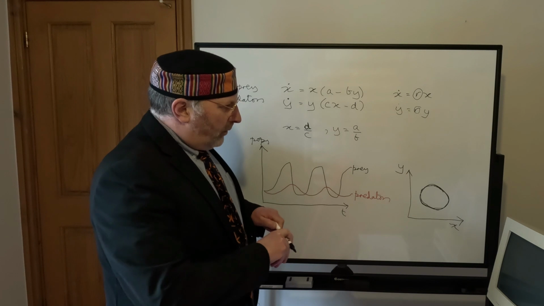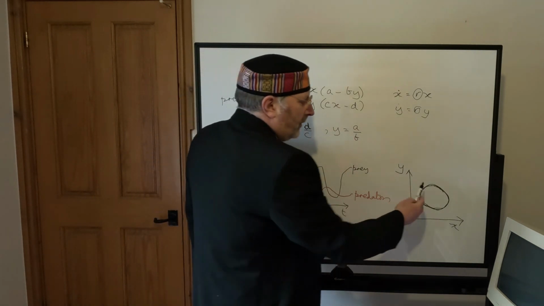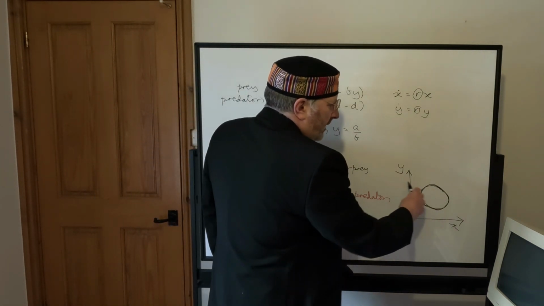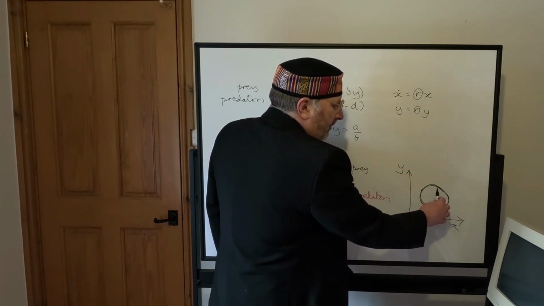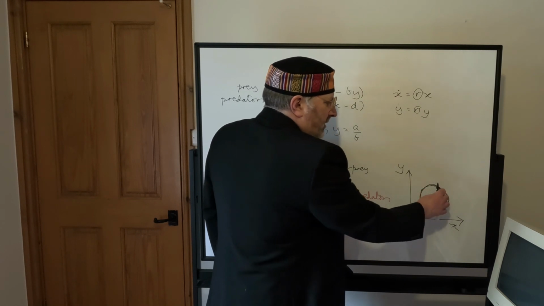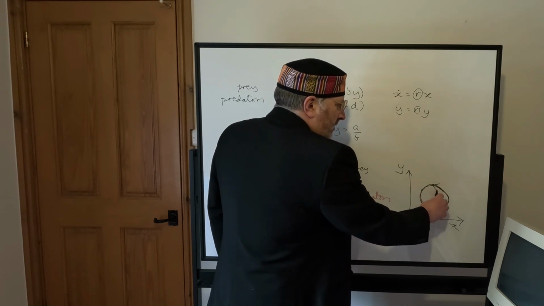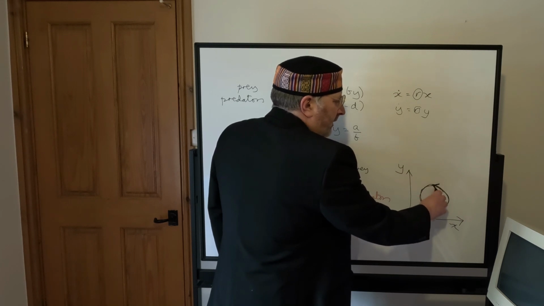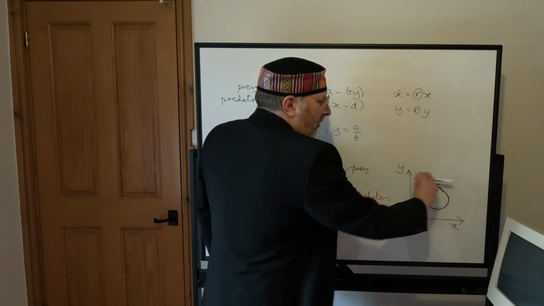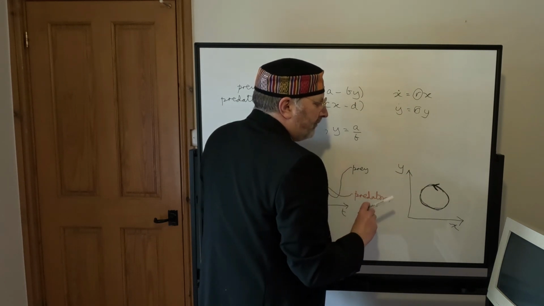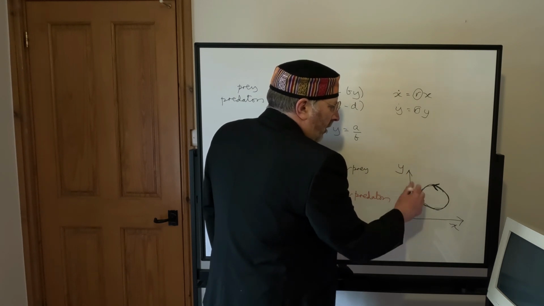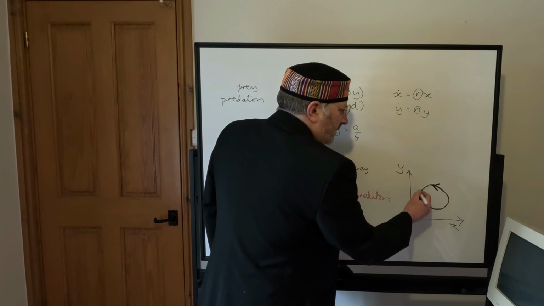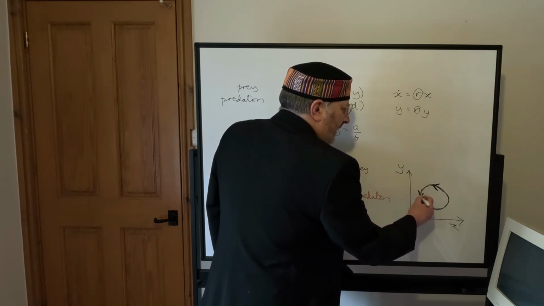And when we're at this point with a large number of predators, y is large, then the prey population is decreasing, is being eaten by the predators, and so it's tending to decline. So we're moving from right to left in this plot. And then when we get to here, the prey population is now small, so the predator population is starting to decrease, is crashing.